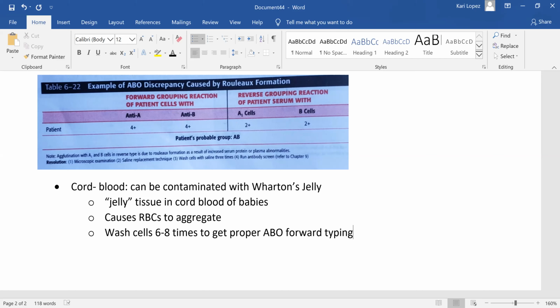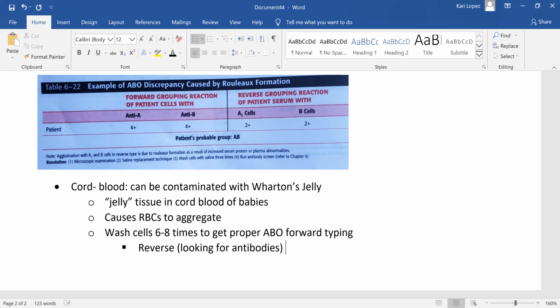So why does this one include forward typing but not reverse typing?